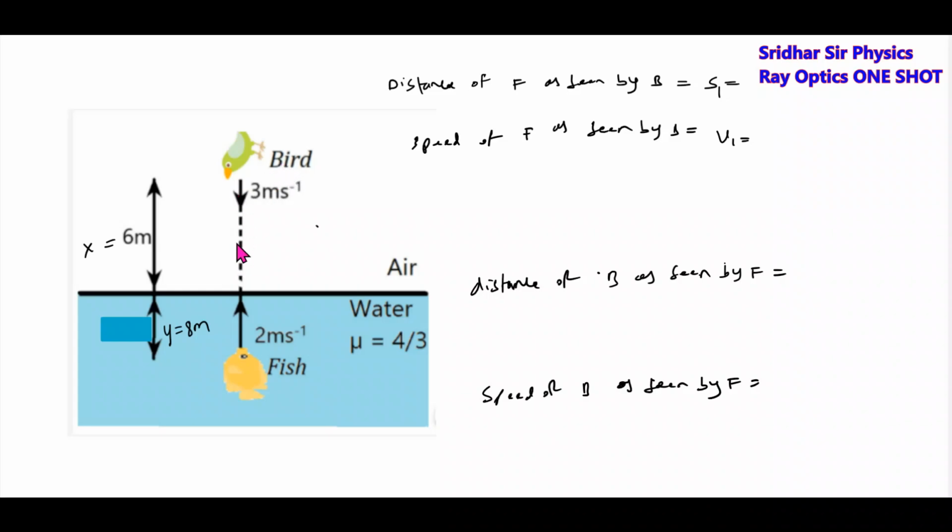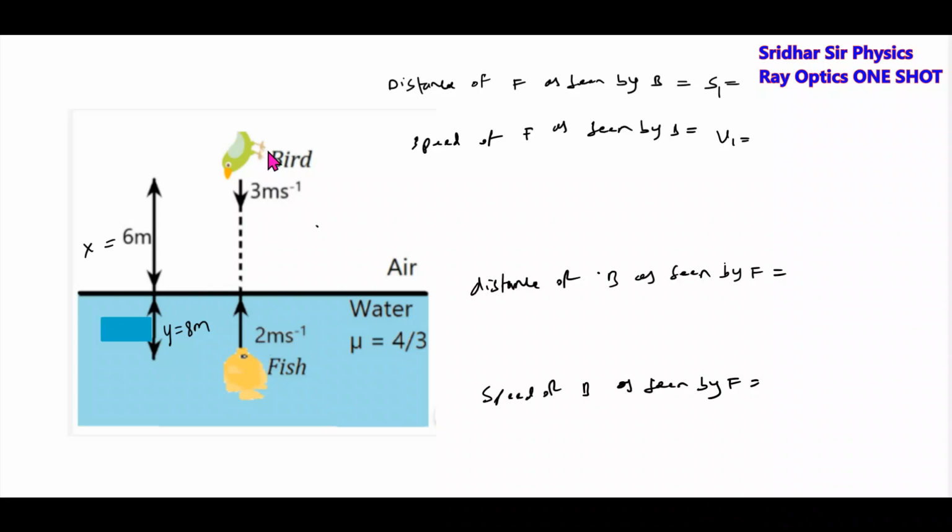The bird is moving down at 3 meters per second. The fish is approaching the boundary with a speed of 2 meters per second. Now I want the distance of the fish as seen by the bird.